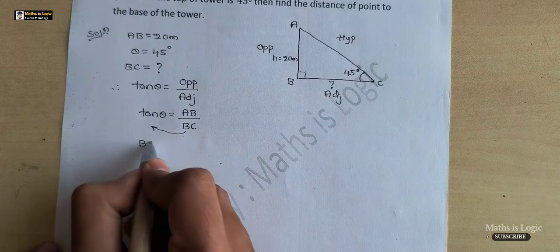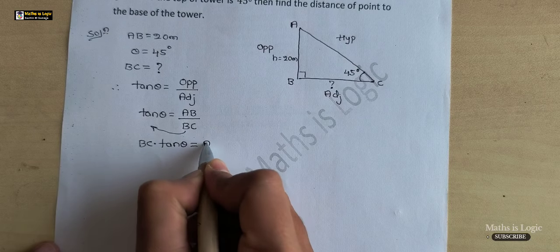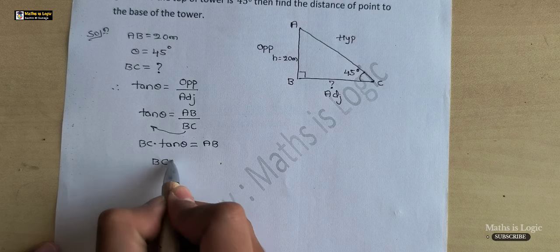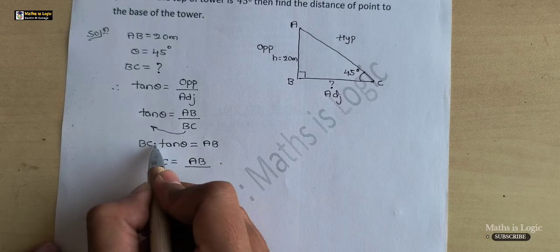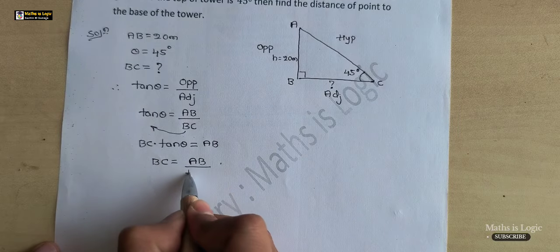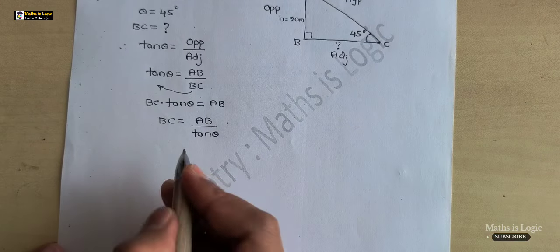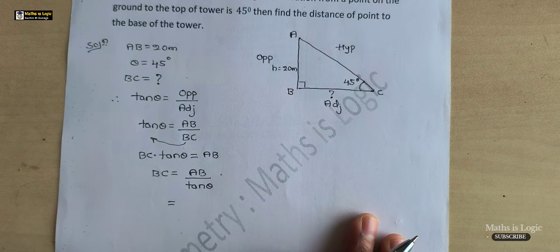Therefore BC into tan theta equals AB, but we need only BC. Therefore BC equals AB divided by tan theta, because of the multiplication sign, tan comes in the denominator. Now substitute. AB is 20.